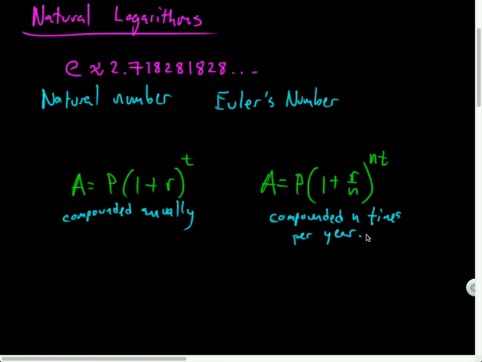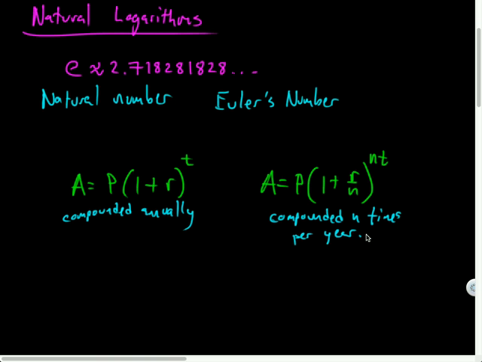And what I mean by compounded interest is that not only would you earn, say, 5% interest at the end of the year, in year 2, you would earn 5% of your original investment plus 5% on top of the interest that you earned the year before. And then the year after that, you would earn 5% on top of your original investment plus 5% on the interest you earned those 2 previous years.